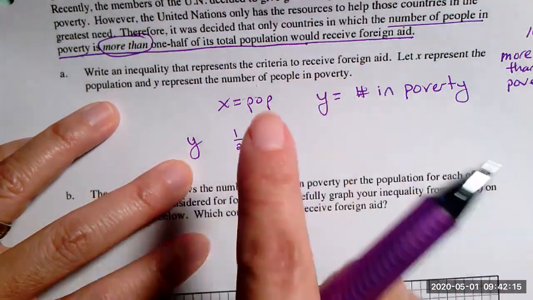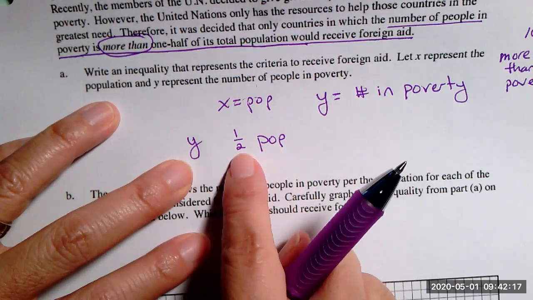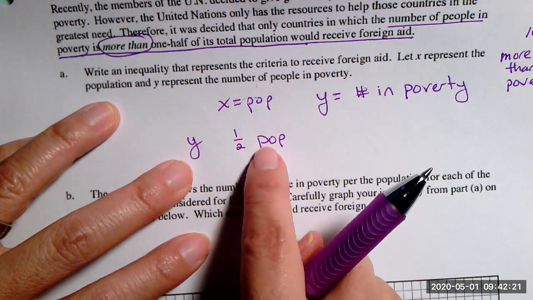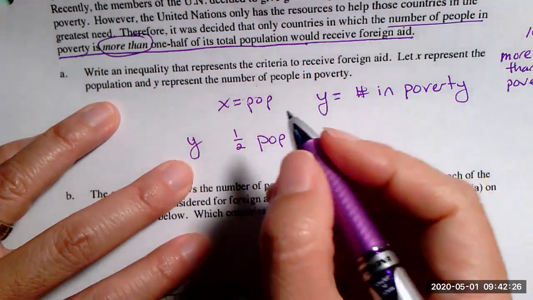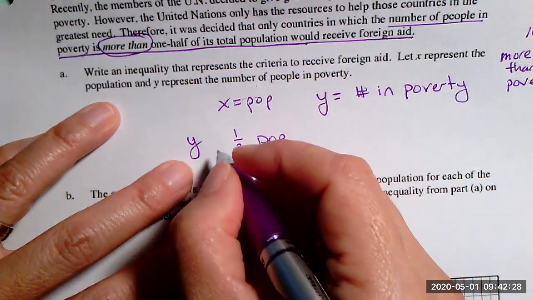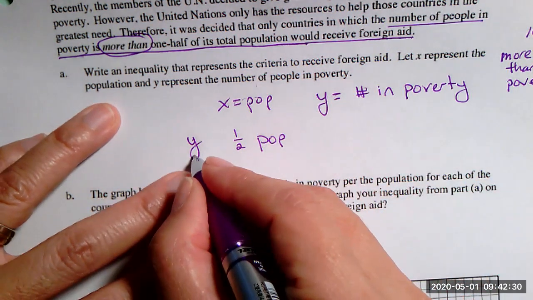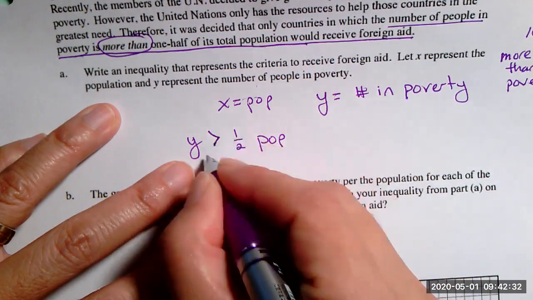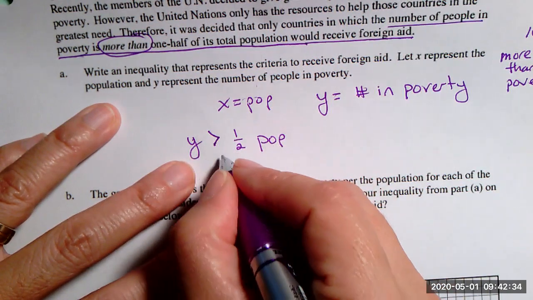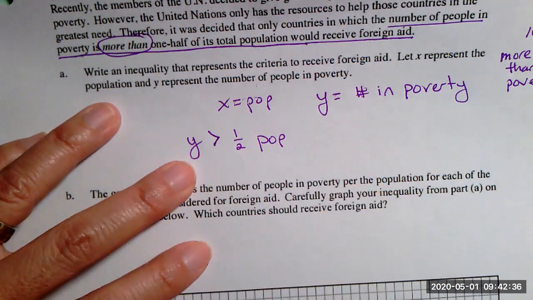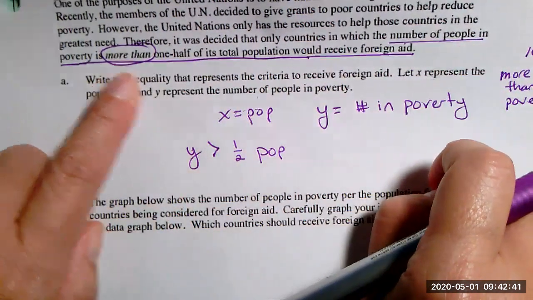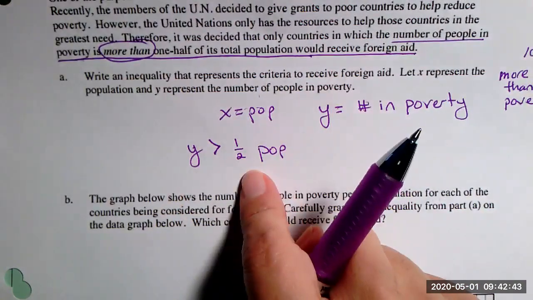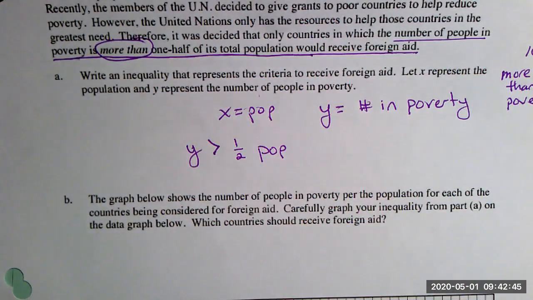What I'm trying to say is, the number of people in poverty has to be more than half of the population. The number of people in poverty is more than 1/2 of the population. Cool? So now let's go ahead and graph that.